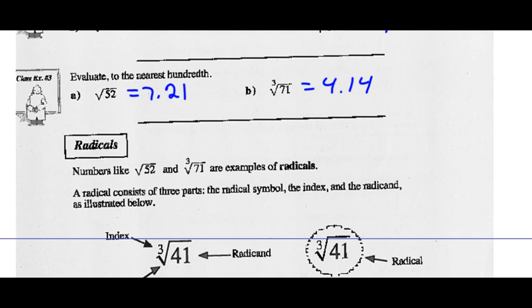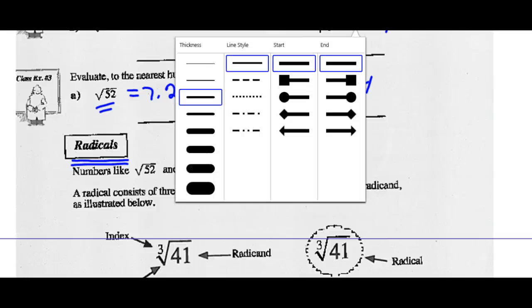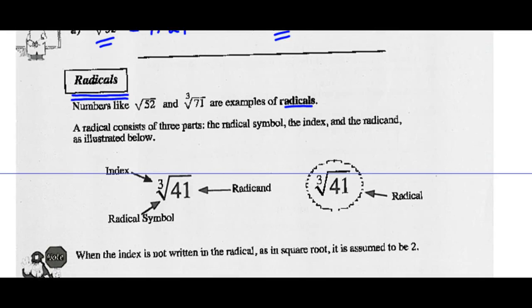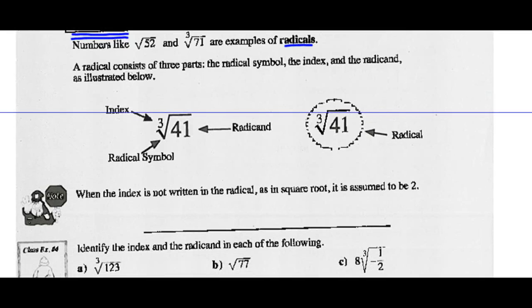So when we start dealing with non-perfect square roots and non-perfect cube roots, we get into things called radicals. So these are both examples of radicals. Non-perfect squares, non-perfect cubes. A radical consists of 3 parts: the radical symbol, the index number, and the radicand, as illustrated below.